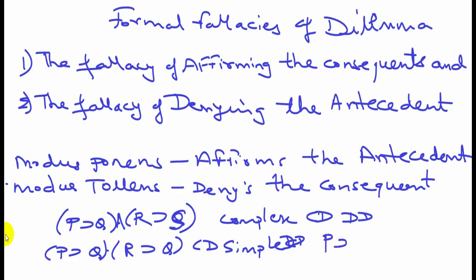That is, P implies Q, if P then Q, and if P then R. So this is the diagram for the complex constructive dilemma and simple dilemmas.